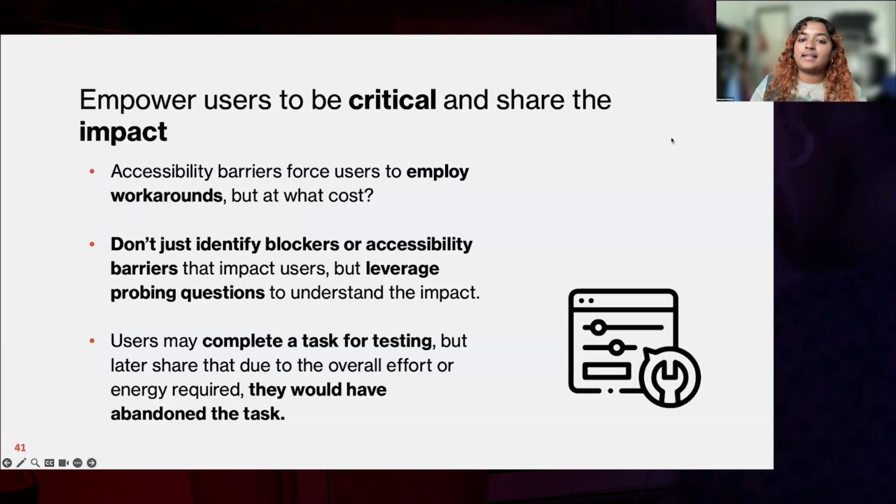Oftentimes I'll find out that they would have stopped because the barriers they were experiencing were so severe that this would have been way too much for them to go forward through. And that is a really helpful distinction: doing the testing work and checking everything for the purposes of research doesn't mean that the level of difficulty and the level of pain that they're experiencing is actually acceptable and okay. I think that differentiation is really key as well.